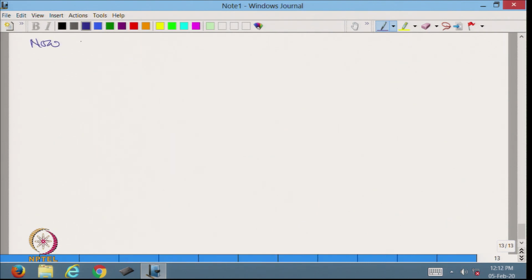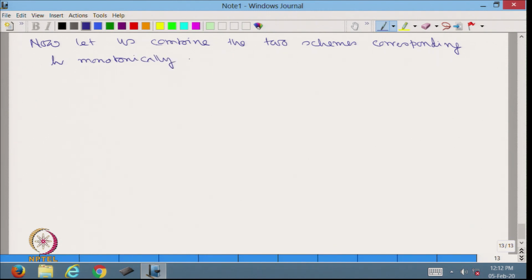Now, let us combine the two schemes corresponding to H monotonically increasing or monotonically decreasing using one theorem.